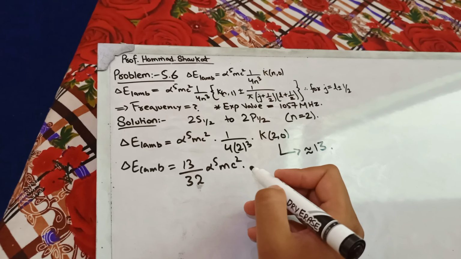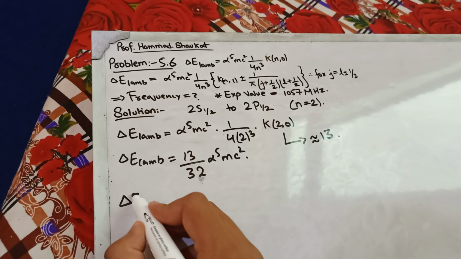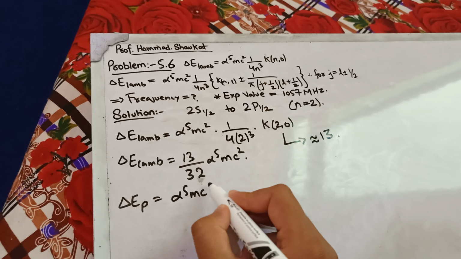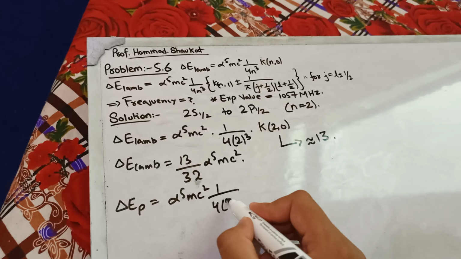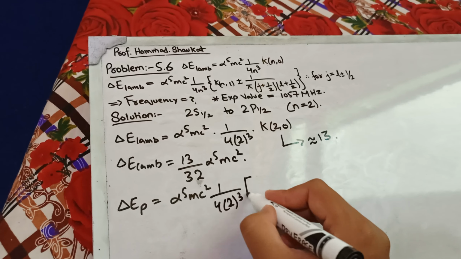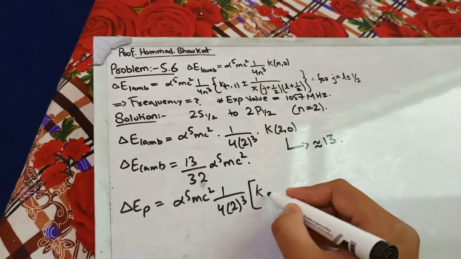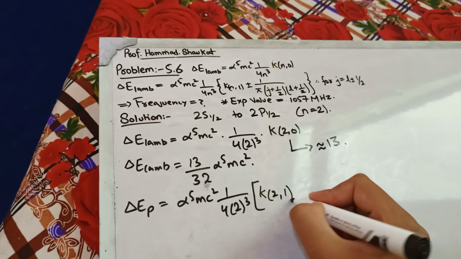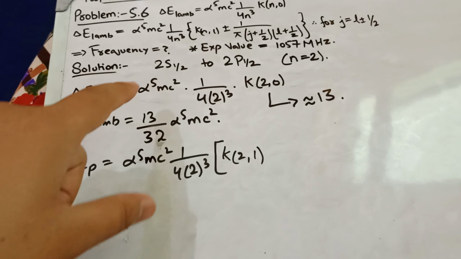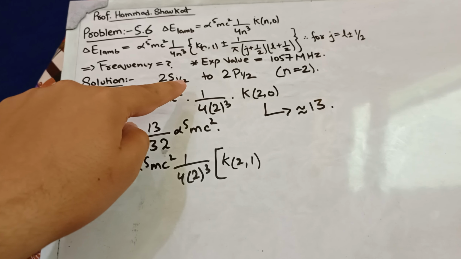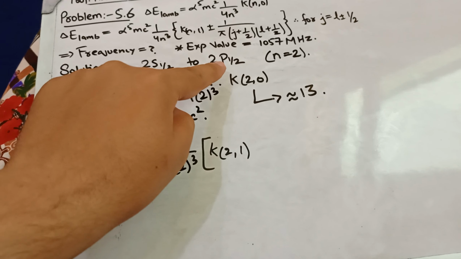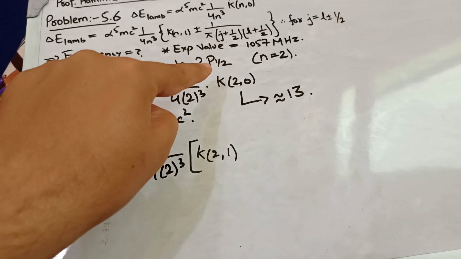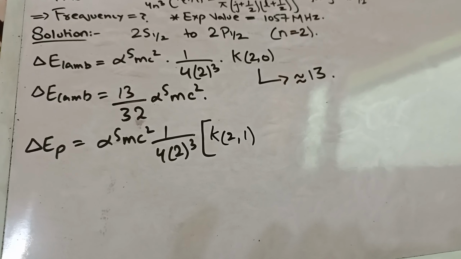Understood? Now you have to find it for the second case, E for P. The formula you already know: mc² times 1 divided by 4, again n is 2, cubed. Here k_nl, with n equal to 2 and l basically 1. How can you identify that l is 1? Because you know that S is in the first shell, meaning l equals 0, and P, the higher energy state, is always at l equals 1, the first excited state.